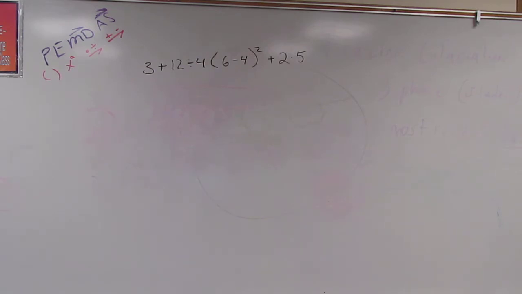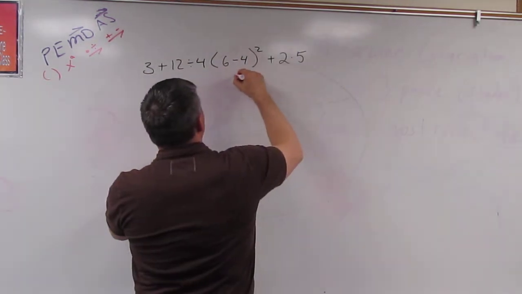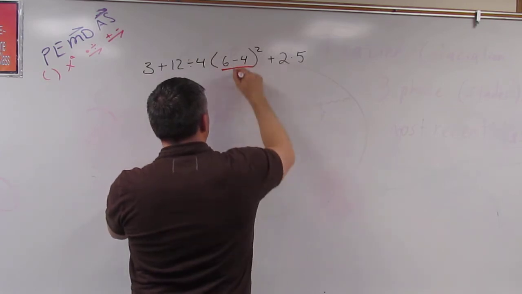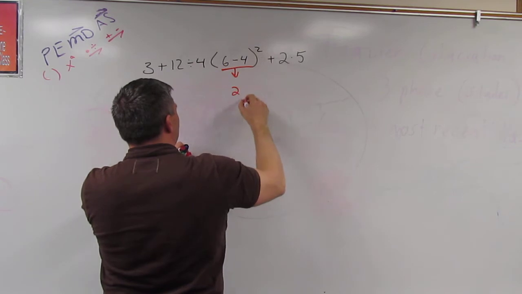Okay? So, I'm going to use multicolors. I'm going to come through this and look at every step that I've got to do. My first step, parentheses. I need to do what's on the inside of the parentheses first. So that means I need to do this first, and that's 6 minus 4, which is 2.